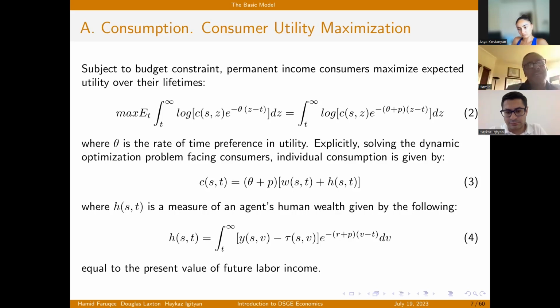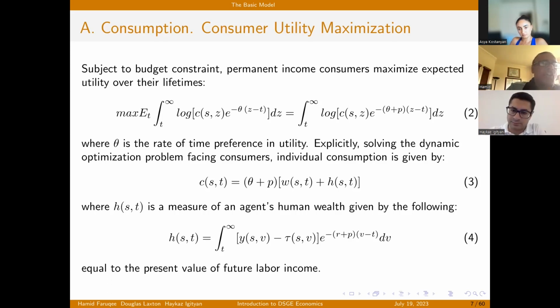So, if you think about the permanent income hypothesis, this is essentially what that implies: that consumption is a function of permanent income, which in this model is your financial wealth and the present value of your future labor income, disposable future labor income, which is the term H here.